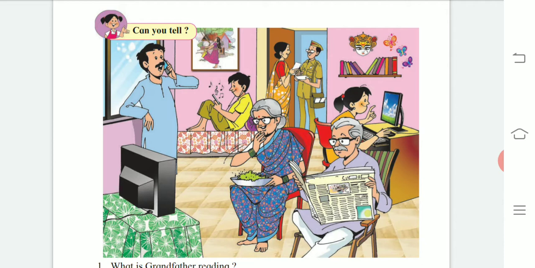The grandmother is watching TV and laughing. Simultaneously, she is also holding a vegetable in her hand. Grandfather is busy reading the newspaper, and there's a man standing here. He is holding a cell phone in his hand and he is busy talking.